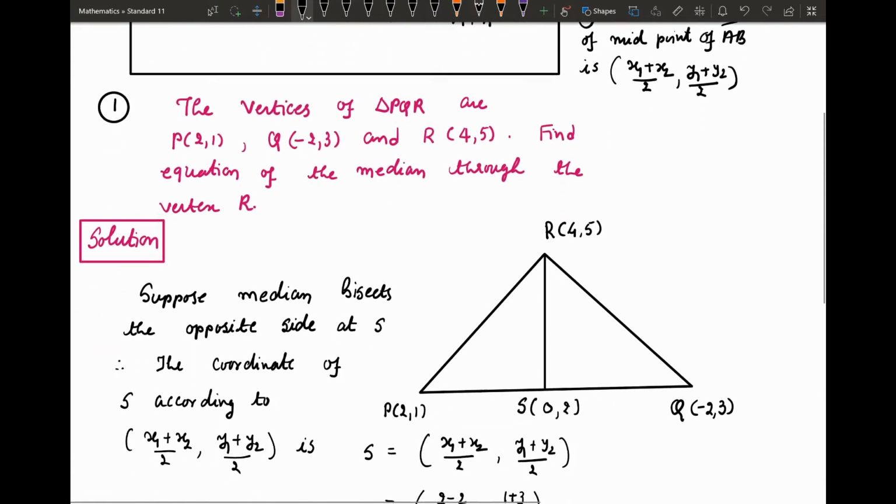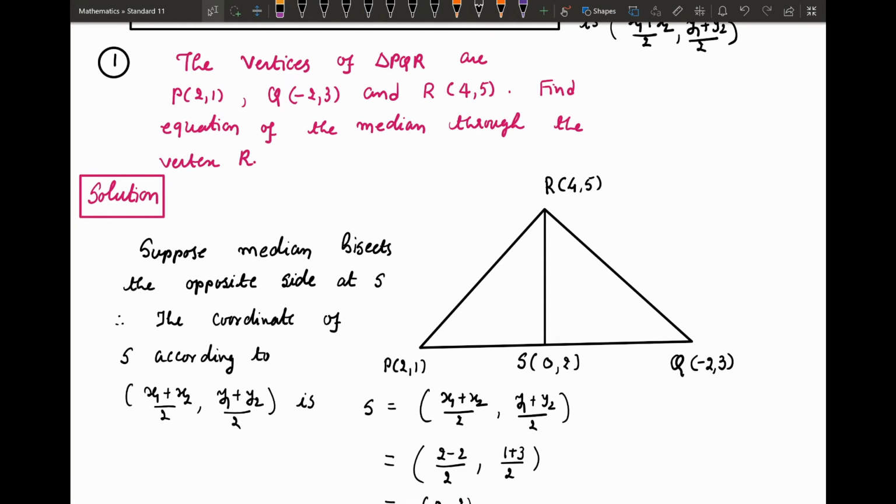Now the first example. The vertices of triangle PQR are P(2, 1), Q(minus 2, 3) and R(4, 5).